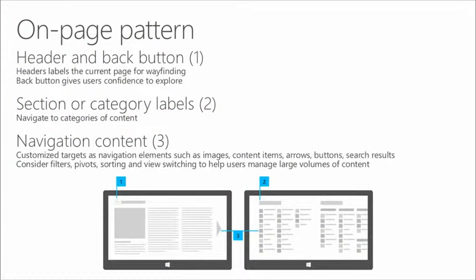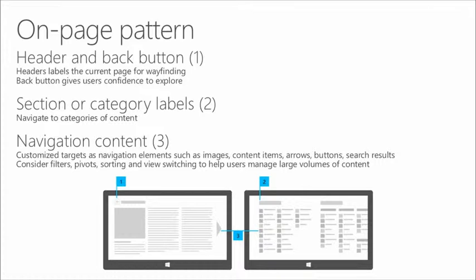This means that the navigation is really taking place on the page itself. This is the pattern that can be described with these kinds of elements on the screen. For instance, a header and a back button. The header indicates where you are in the app. It's not always the app's name, and it's not a breadcrumb, but it shows the title of where we are now.